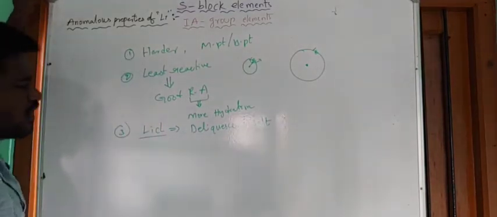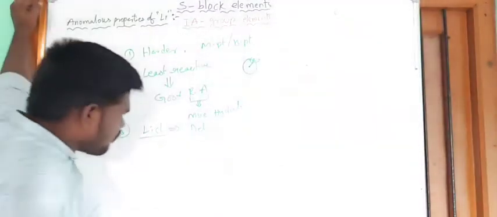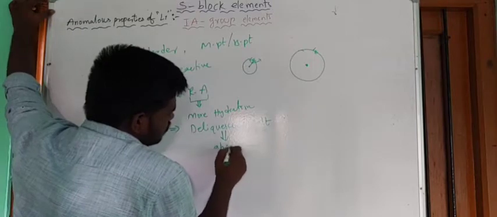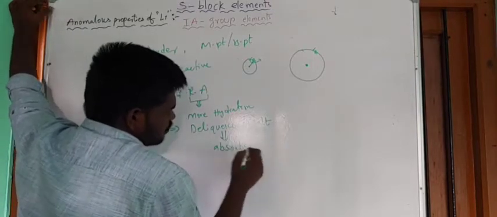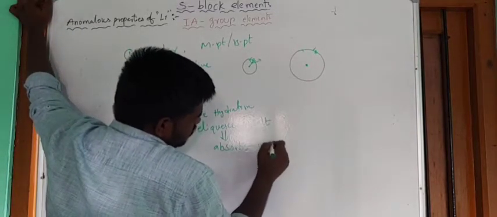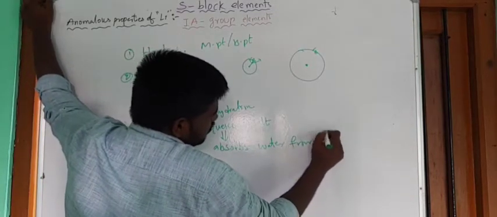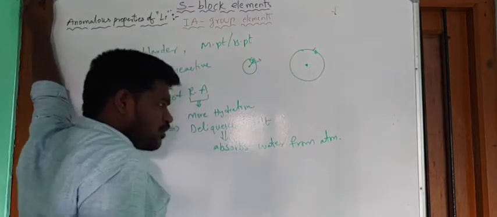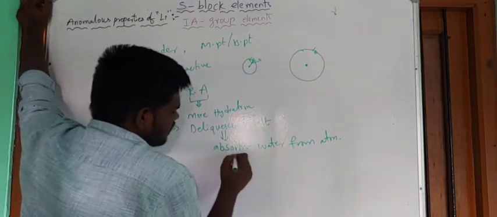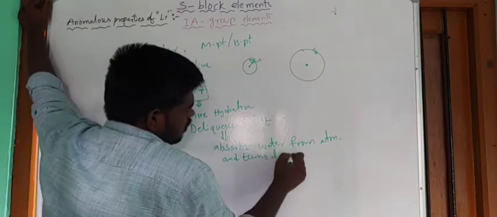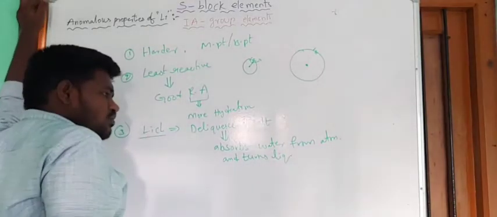Deliquescent salt means a salt which absorbs water from the surroundings or from the atmosphere and turns into liquid.